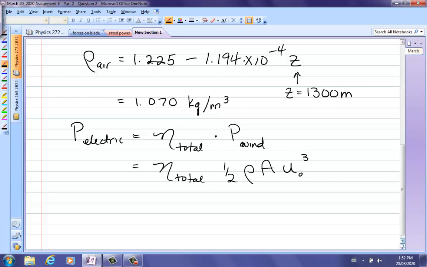U0 is the speed of the wind. So A would be pi r squared. So it's pi times radius, not diameter. We're given the diameter, so you have to use the radius, 20 meters squared. U0 is 17 meters per second.